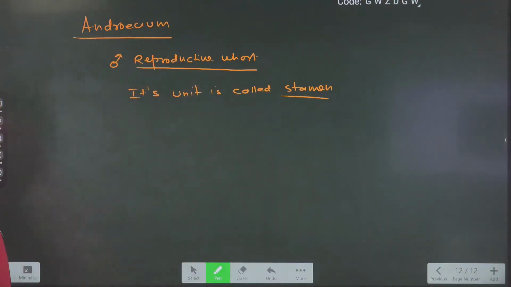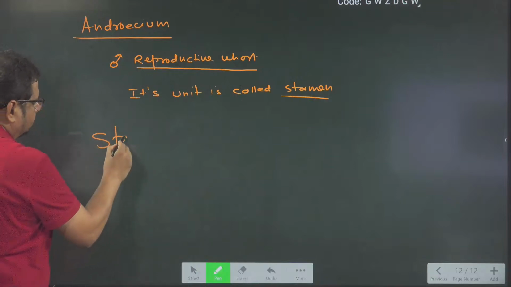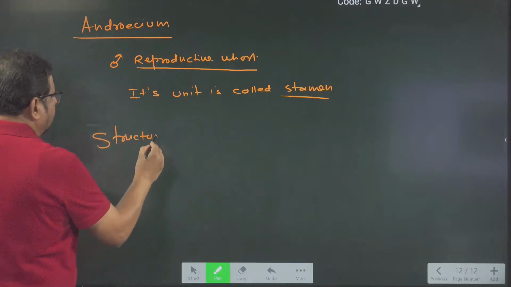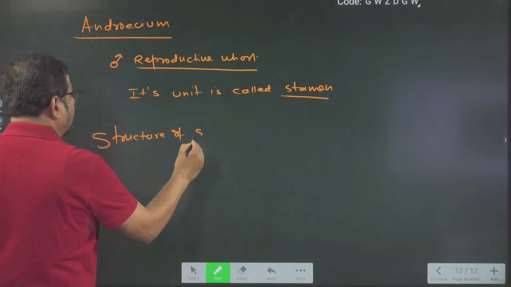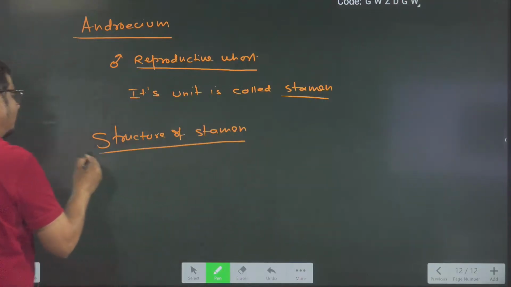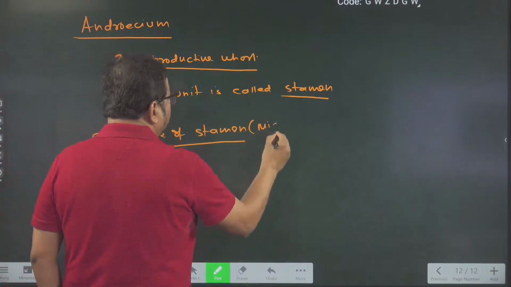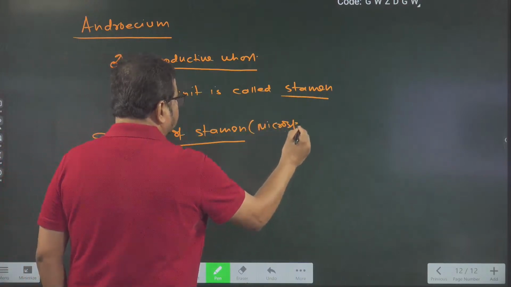Right? Now we are going to talk about the structure of a stamen. The structure of a stamen is also called microsporophyll.